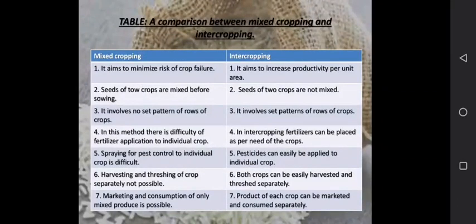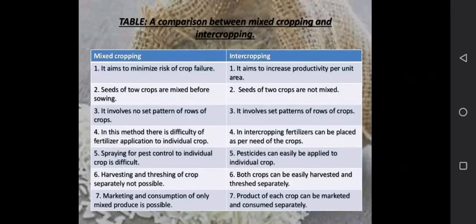Now mixed cropping aims to minimize risk of crop failure, whereas intercropping aims to increase productivity per unit area. In mixed cropping, seeds of two crops are mixed before sowing, whereas in intercropping, seeds of two crops are not mixed.